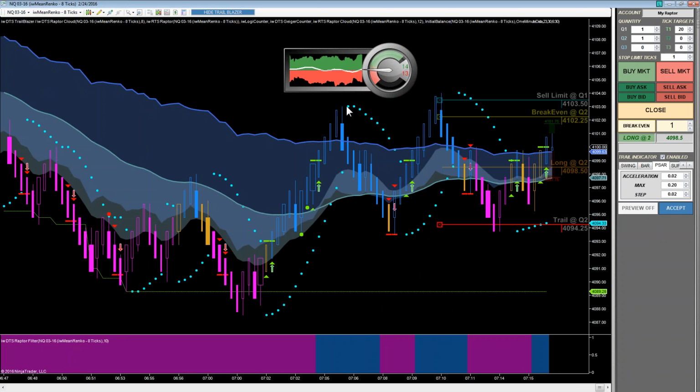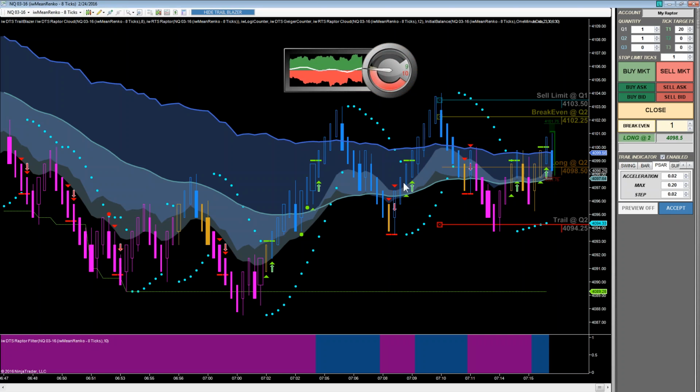And as we get higher, as we get closer to these highs, we'll watch the Geiger counter to see whether the buyers or sellers are trying to get through that resistance level, if there's going to be some upward momentum to it or not.